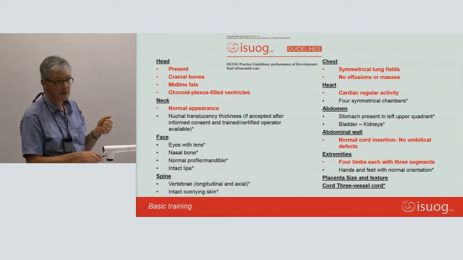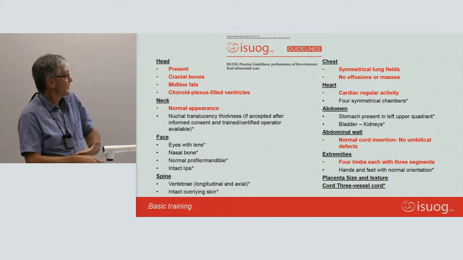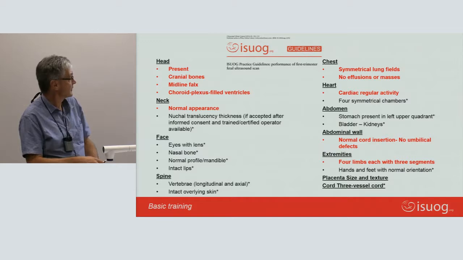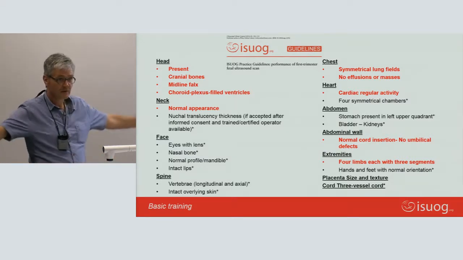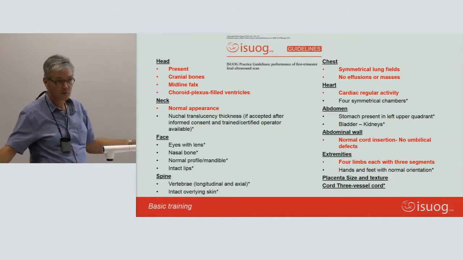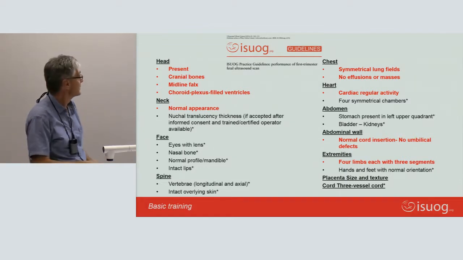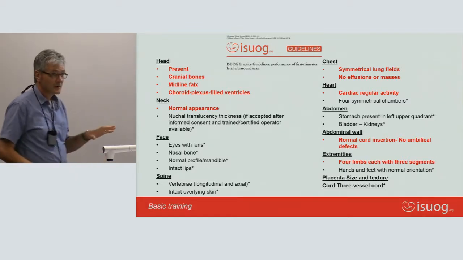Still sliding your probe down the baby, is the umbilical cord inserted normally in the abdomen with no umbilical defects? And then you branch out laterally, and are there 4 limbs, and does each limb have at least 3 segments with bits and pieces at the end of it? So that's really what you want to know.